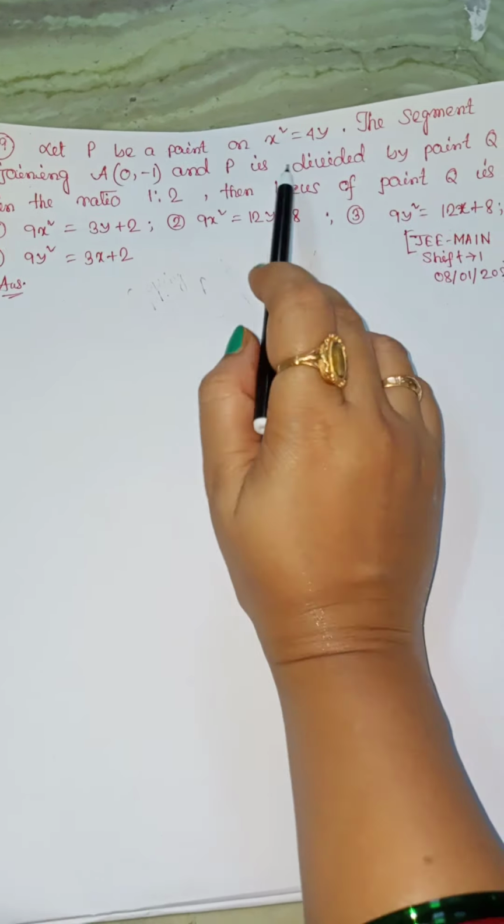Now H is what? H is equal to, we may say, 2 multiplied with 0 plus 2t. P's coordinate is equal to 2t comma t square, and A's coordinate is equal to 0 comma minus 1, and Q also divides this line in the 2:1 ratio.